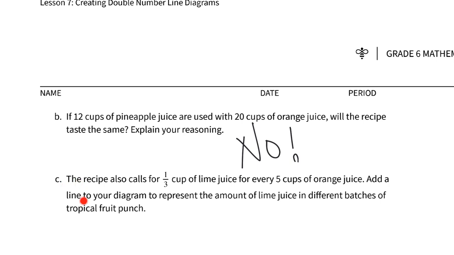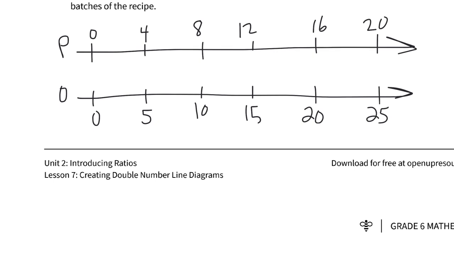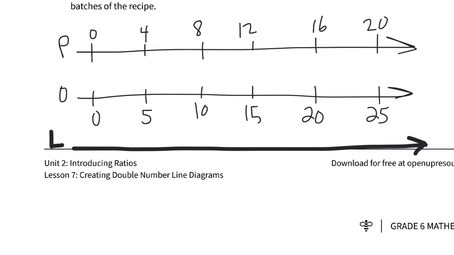And then last, for this part 3, or question 3, the recipe also calls for 1/3 of a cup of lime juice for every 5 cups of orange. Add another line. So 5 cups of orange goes with 1/3 of lime. So I'm going to go up here, and I'll make it a little bit thicker. And so we're going to add another line. This is for our lime. And that's definitely going to start at 0. And it said for every 5 cups of orange, it's going to be 1/3 of lime.